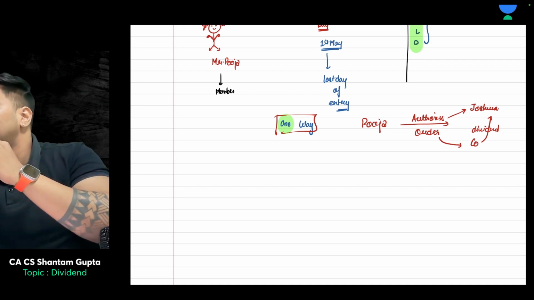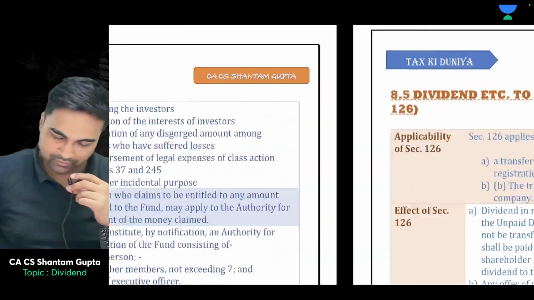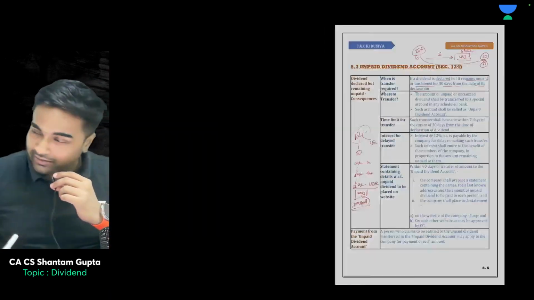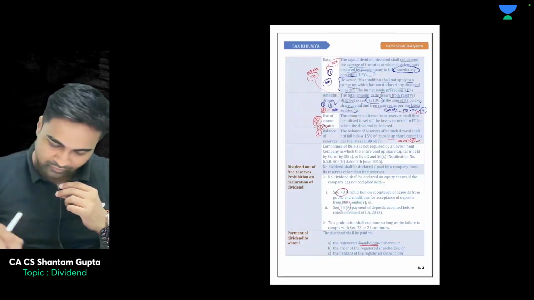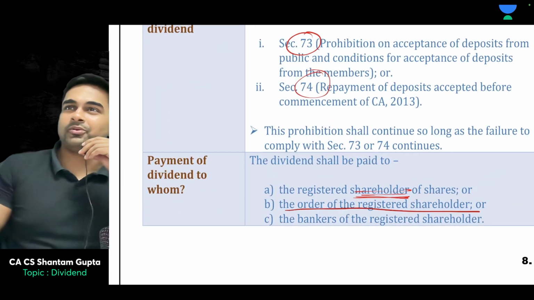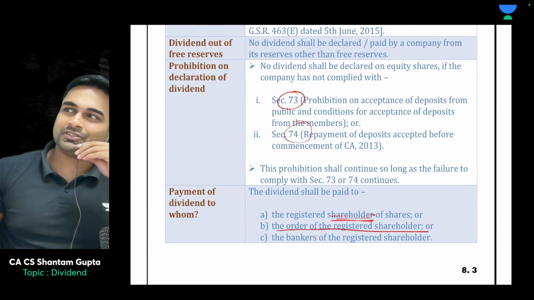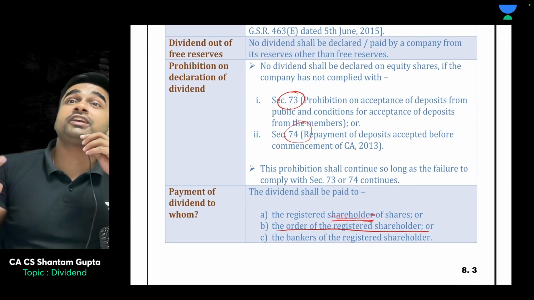This is written under section 123. Go and open 123. I'll show you something. Who can get dividend? See point number 2. The order of the registered shareholder. Section 123, the order of the registered shareholder. When will she give the order?